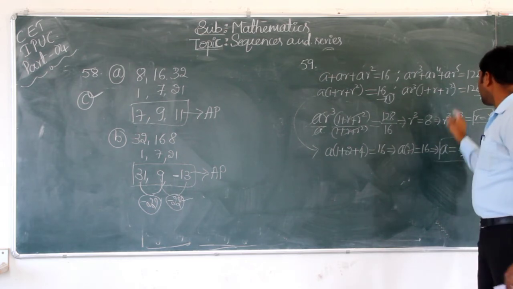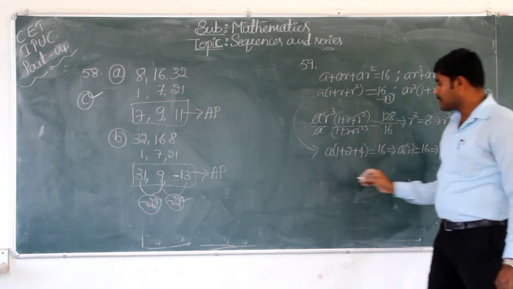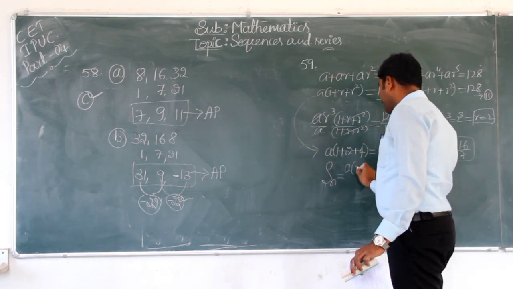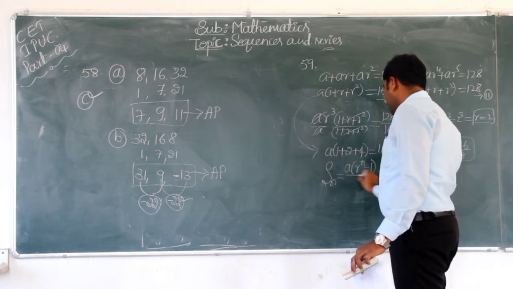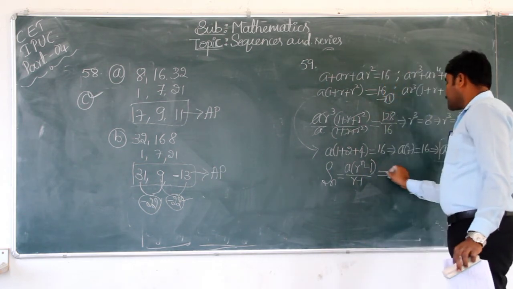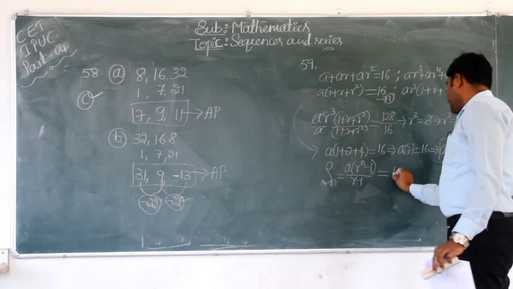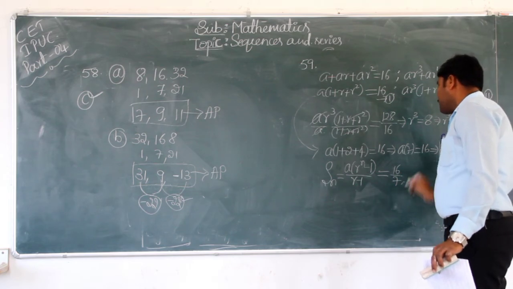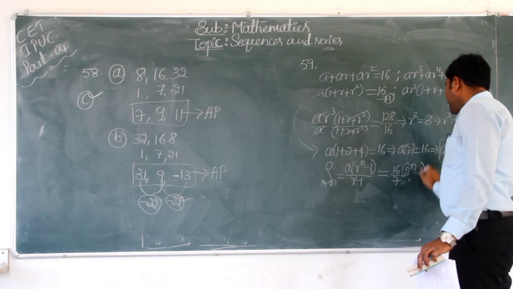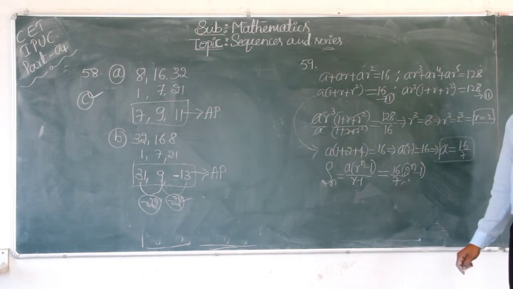See, a is known, r is known, r is greater than 1, hence we have to use the formula Sn is equal to a of r to the power of n minus 1 upon r minus 1. So Sn becomes 16 by 7 into 2 to the power of n minus 1 upon 2 minus 1. 2 minus 1 is 1.